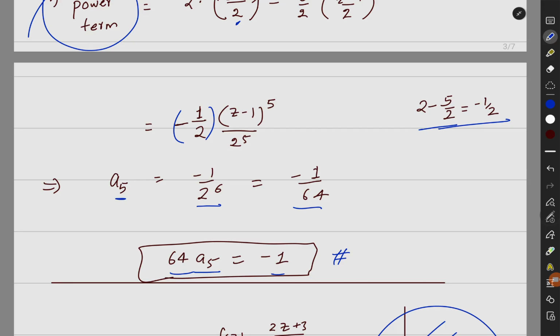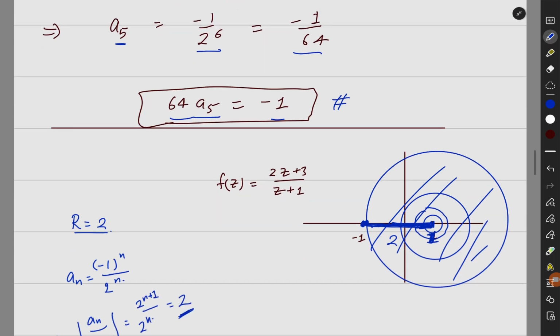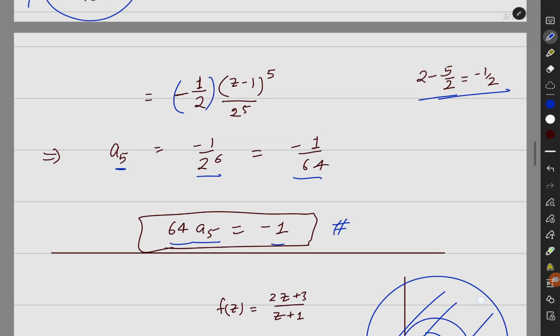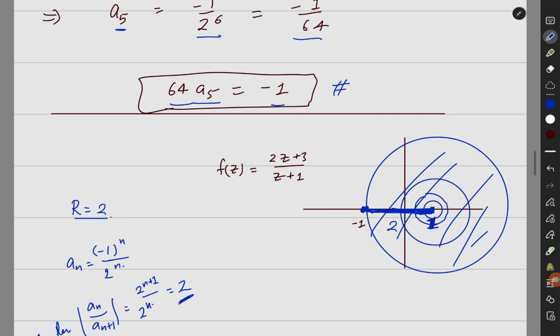So you can solve it in whatever way you like. Now coming to the radius of convergence of this power series. The power series is centered at 1, and we want to see the largest disk possible where the power series is defined and convergent at every point inside the disk.